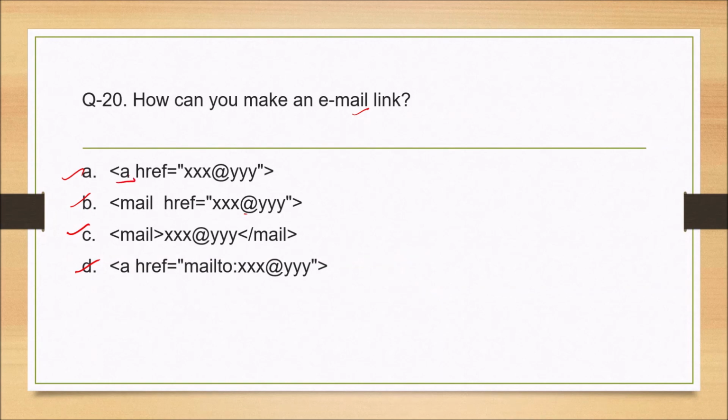Here the anchor tag is there, and then the href attribute, and then xxx@yyyy, and in this option href and then mailto xxx and yyyy. Fine. So whenever you have to make an email link, you have to use mailto, and then the valid email address. So the correct option is D.